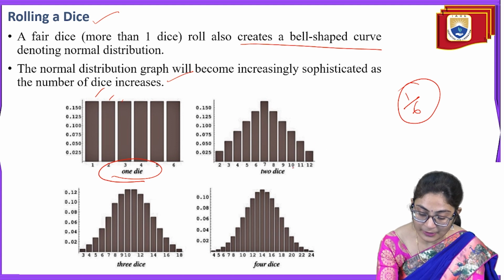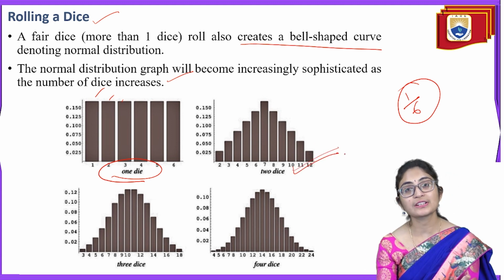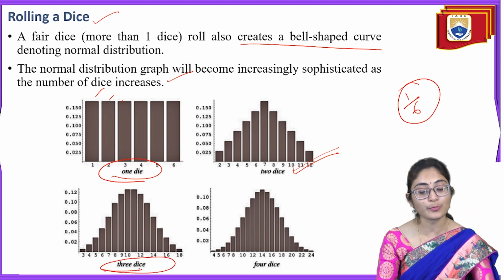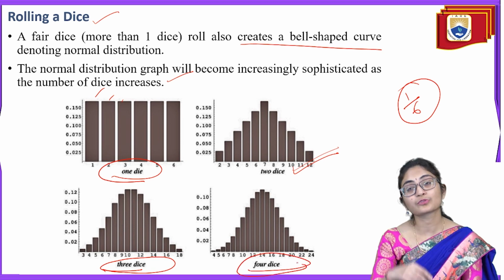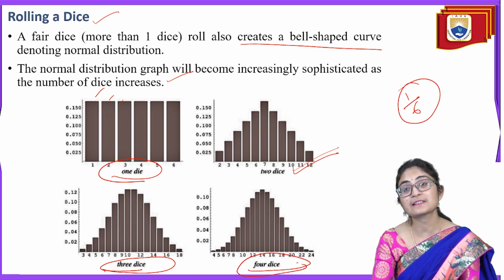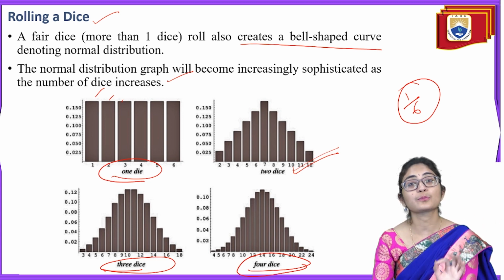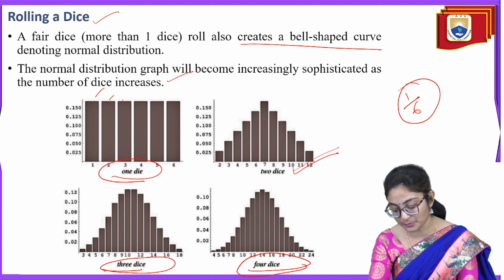Then when you roll 2 dice, your possibilities change. When you roll 3 dice, your outcomes change, and when you roll 4 dice, your possibilities change again. So every time we can find our normal distribution according to our outcomes.